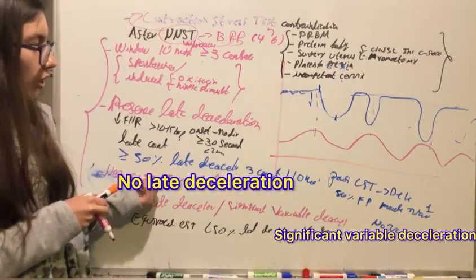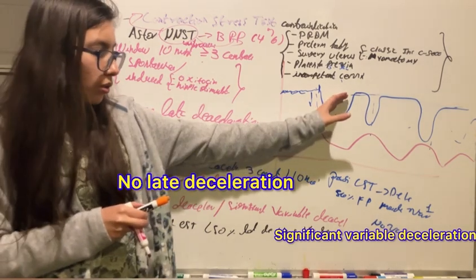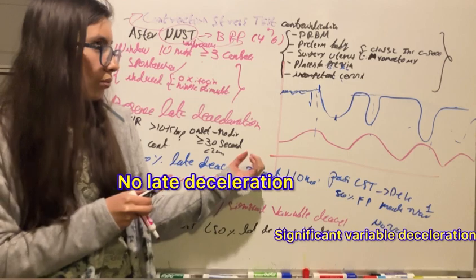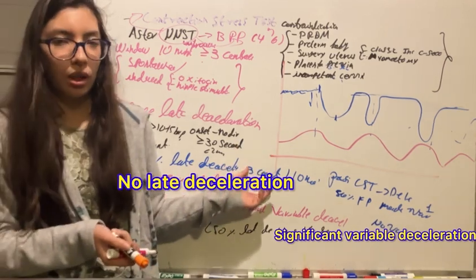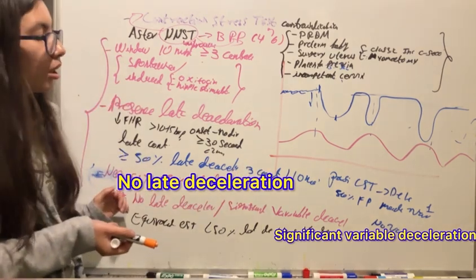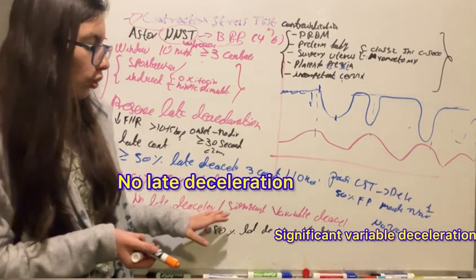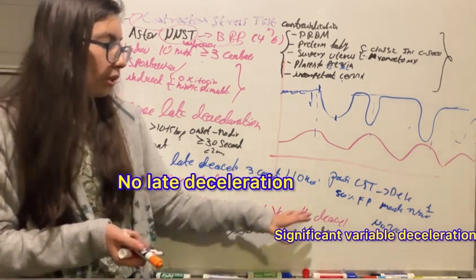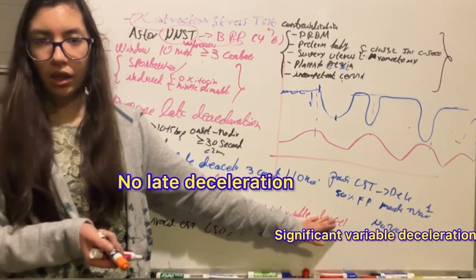A negative contraction stress test is having less than 50% of late decelerations, but another way of thinking about this, because we can have late deceleration, but that is not good anyway, is that a negative contraction stress test is having no late decelerations and no significant variable decelerations, and an equivocal contraction stress test is anything between them.